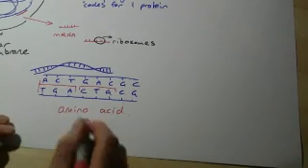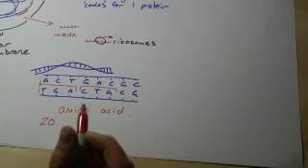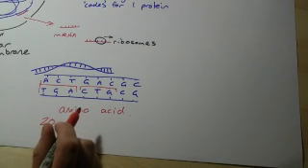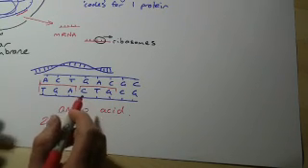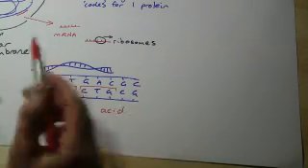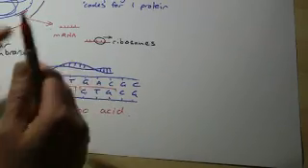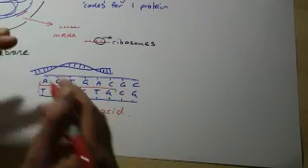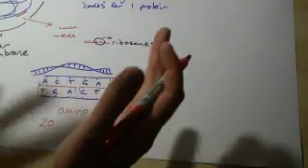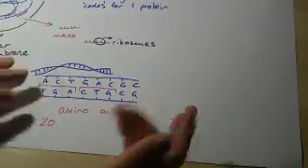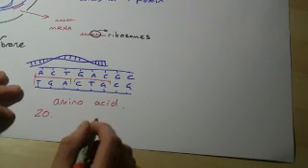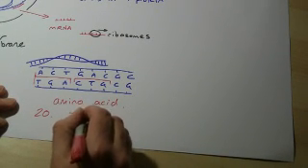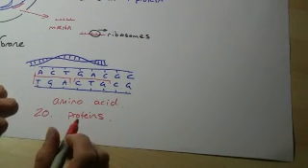Now, there are 20 amino acids in your body, and if you think of them like building blocks, like Lego bricks, you could have a box with 20 different types of Lego brick, and from that you can build lots and lots of different models. So amino acids are like individual Lego bricks, and they're used to build bigger models or bigger molecules, which are proteins. So amino acids are the building blocks for proteins.